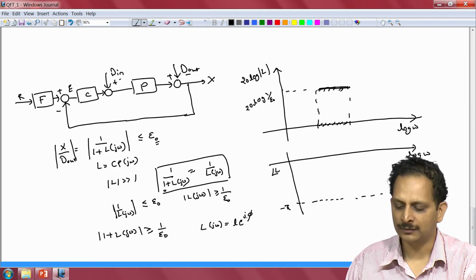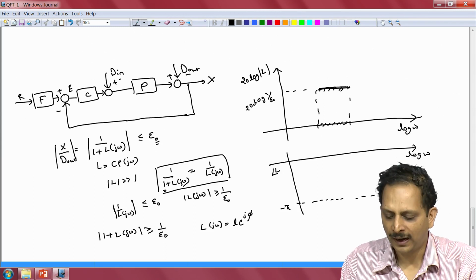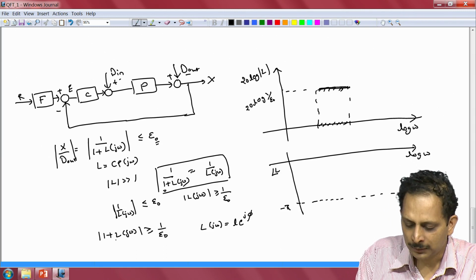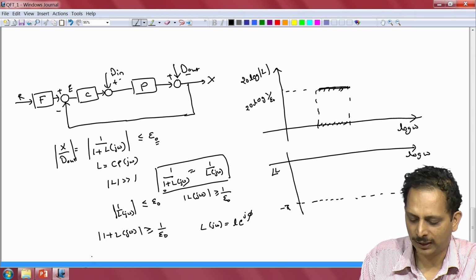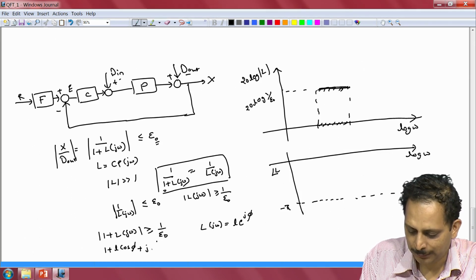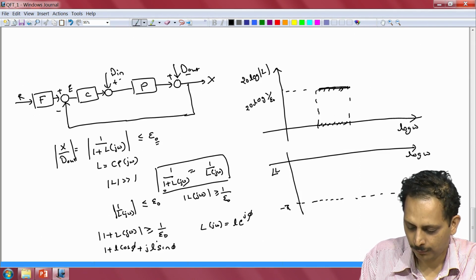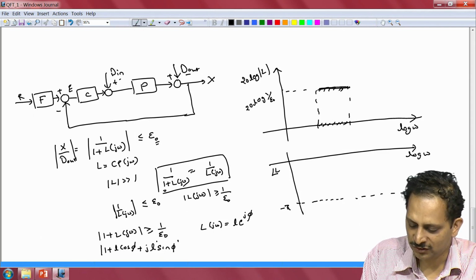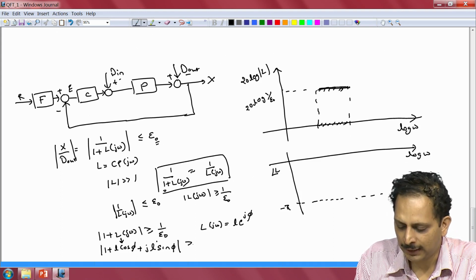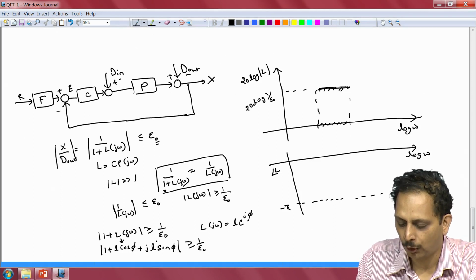So, let phi be the phase of the loop gain and small l be the magnitude, in which case we would have 1 plus L of j omega to be equal to 1 plus L cos phi plus j times L sin phi, and the magnitude of this entire term, which is essentially 1 plus capital L of j omega, should be greater than or equal to 1 by epsilon naught.